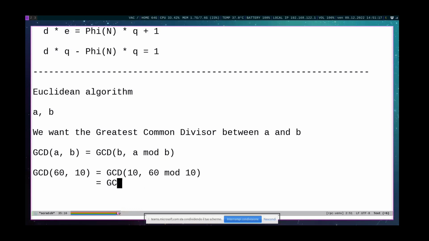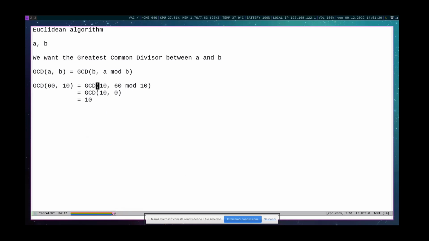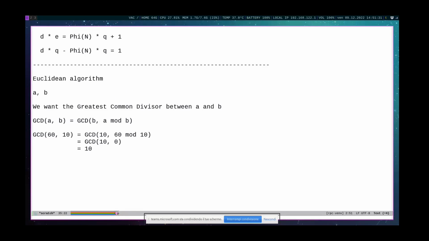Now 60 mod 10 is simply 0. So that's the GCD between 10 and 0. And if you have the GCD between any number and 0, it's going to be the other number, because everything divides 0, so the highest number that divides both of them is exactly the other one.